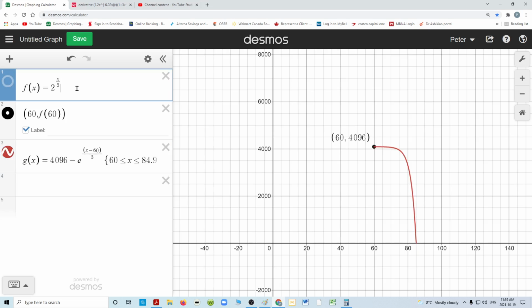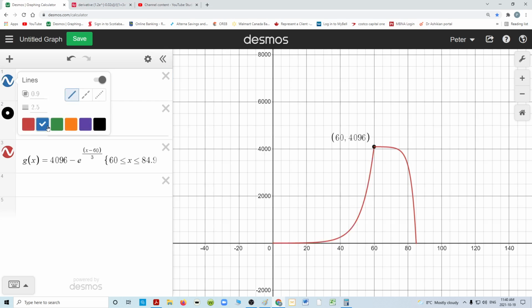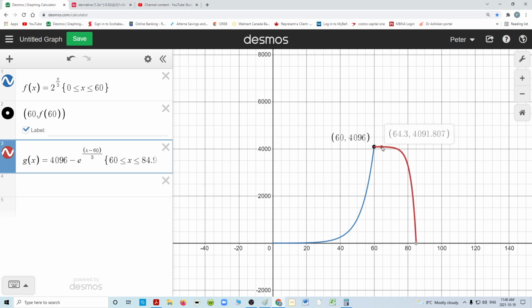And we would limit the range of this, sorry, the domain of this, to that. And we would change the colors just to be less confusing. So the blue represents the growth of bacteria, and the red represents the introduction of the antibacterial, which pretty much kills off their growth right away.